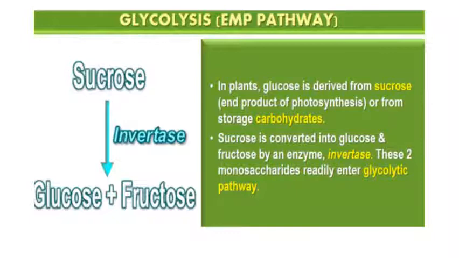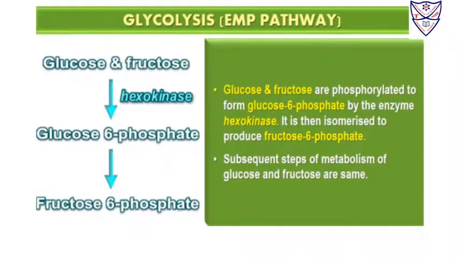Now these two monosaccharides enter the glycolytic pathway. What happens in the glycolytic pathway is that glucose and fructose are converted into glucose 6-phosphate. Here phosphorylation is taking place. The enzyme hexokinase is involved. And then this glucose 6-phosphate is converted into fructose 6-phosphate, right?